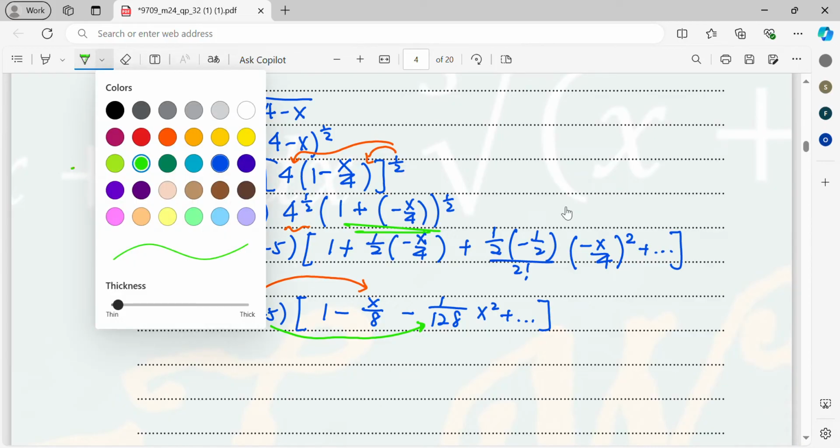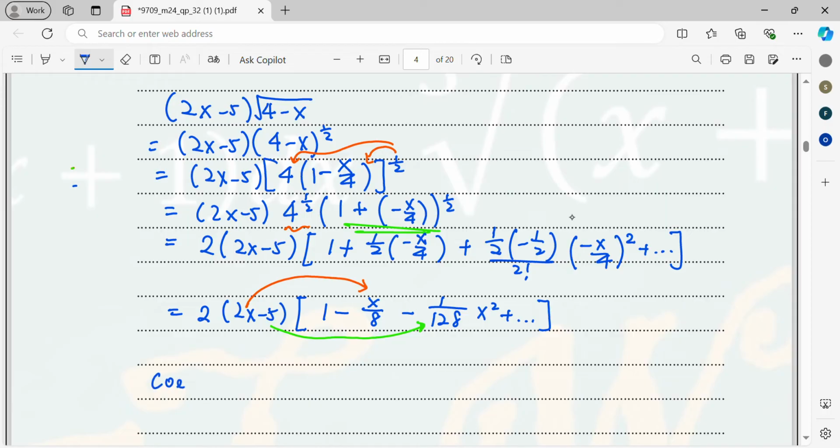So now the next step is I just write coefficient of x squared. I will not do the expansion to get the terms. So don't forget there is a 2 in front. So multiply this 2x with negative x over 8 and ignore the x squared. That will be 2 times negative 1 over 8, followed by the minus 5 times negative 1 over 128.